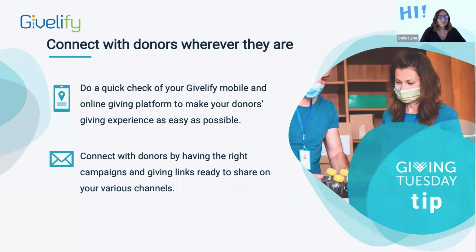Make sure your app profile is up to date with your latest information and branding. That means any logo changes that you've made recently, adding pictures if you haven't previously, and making sure that your address and phone number and all of that information is up to date so your donors can find you when they're ready to give.